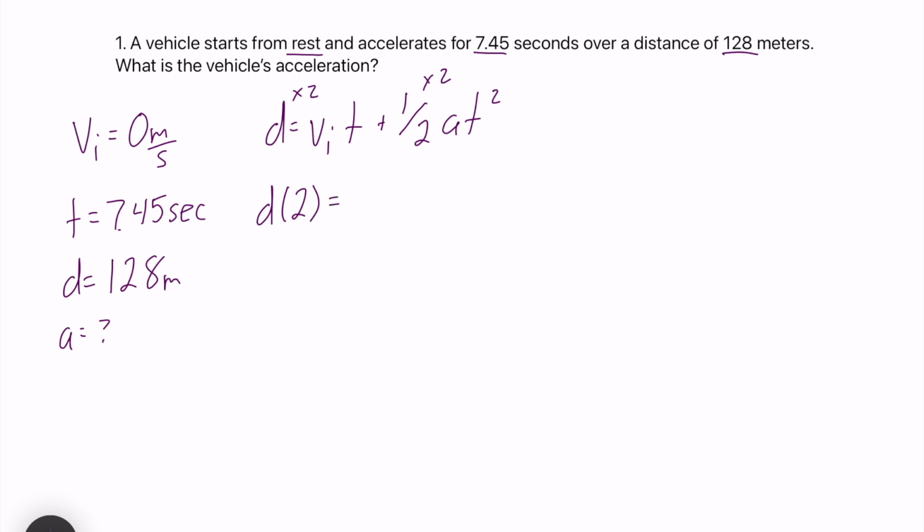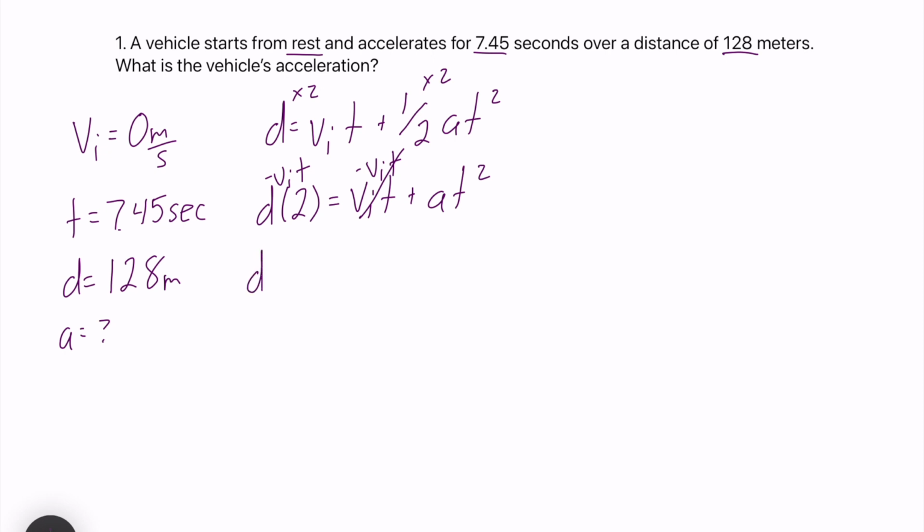So what we now have is our distance multiplied by 2 equals VIT plus AT squared. The next thing I'm going to do is subtract my VIT from the right side as well as from my left side, which will then eliminate that.